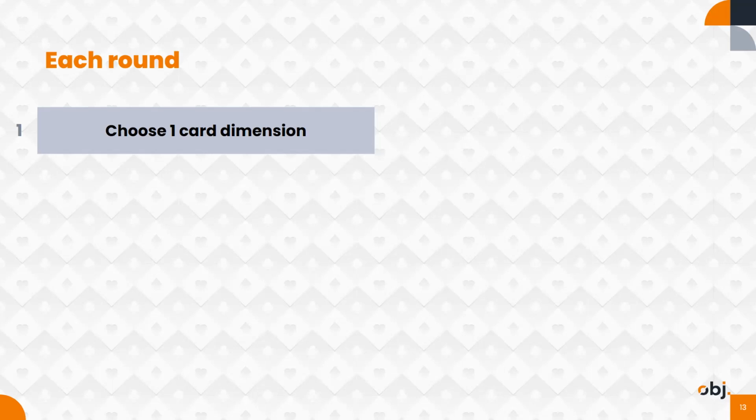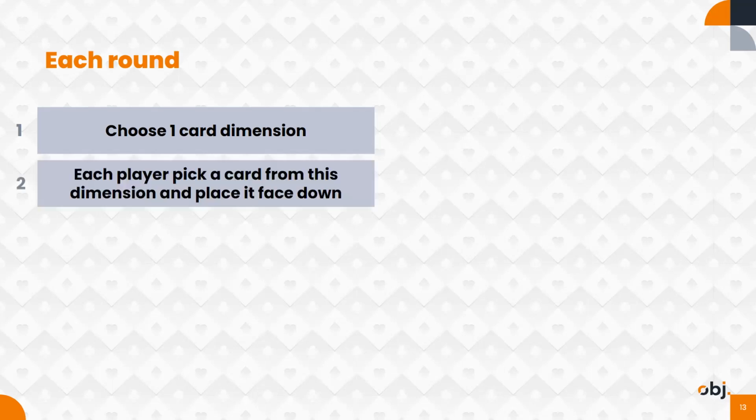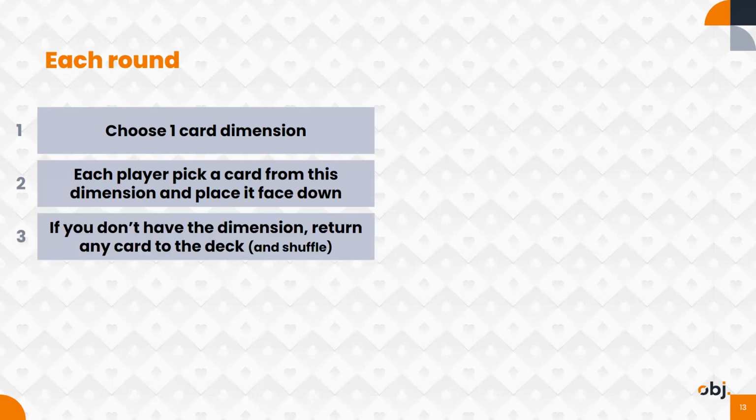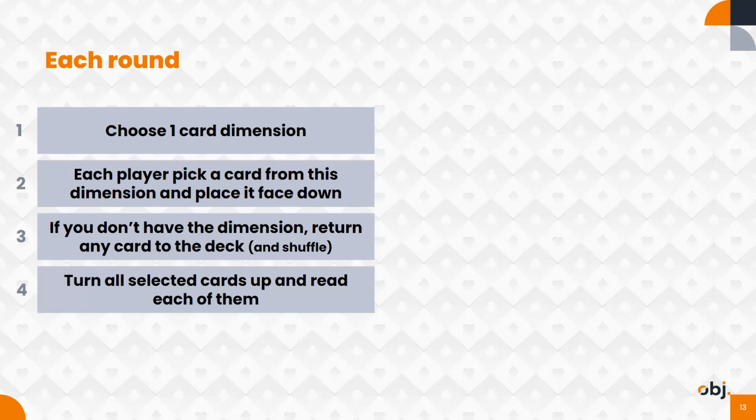And in each round, we choose one card dimension. Each player picks a card from this dimension and places it face down in the center of the table. If you don't have the dimension, you choose some card to return to the deck and shuffle. Turn all selected cards up and read each of them.